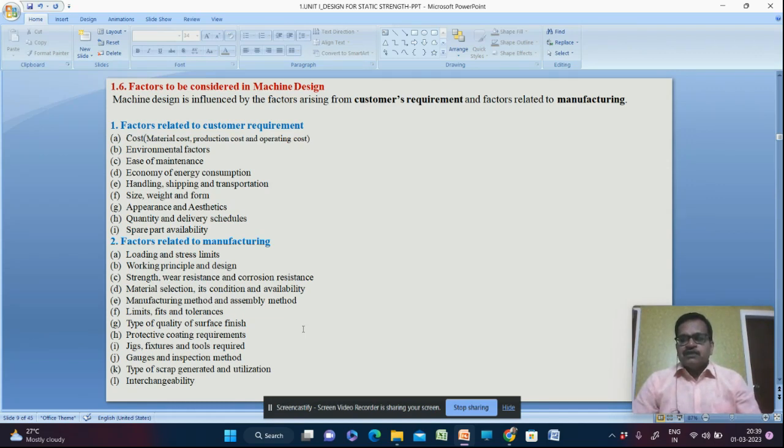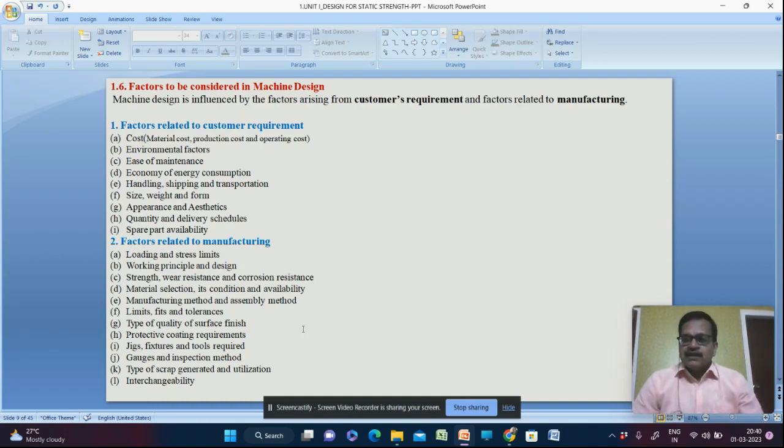So the mirror finish or very high surface finish is essential for components which are subjected to fatigue loading. When the objects are under the fatigue loading conditions, you require very high surface finish. If they are having surface imperfections, then those surface imperfections will be the starting point of the crack.